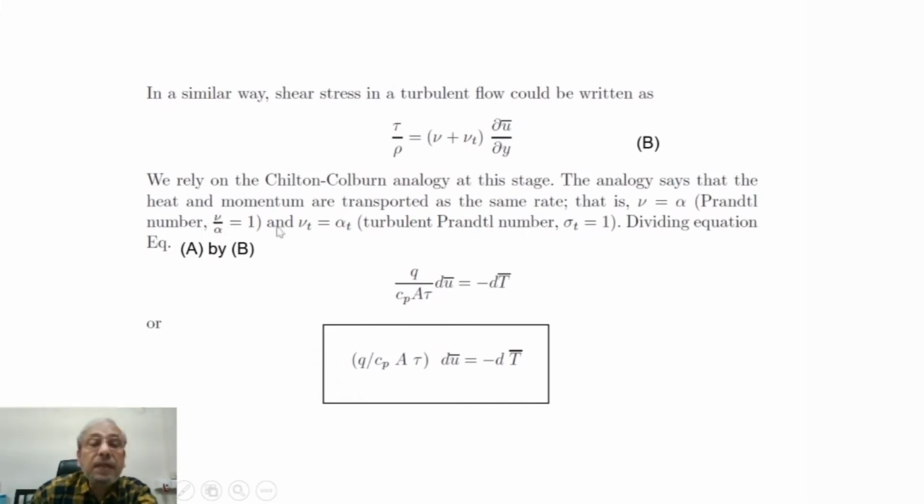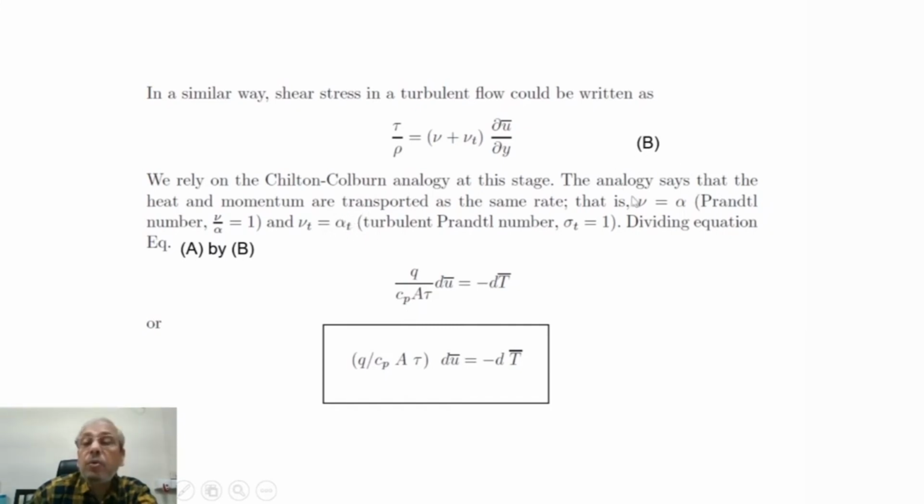Also, this includes turbulent Prandtl number to be 1, which will give us the eddy viscosity equal to eddy diffusivity.